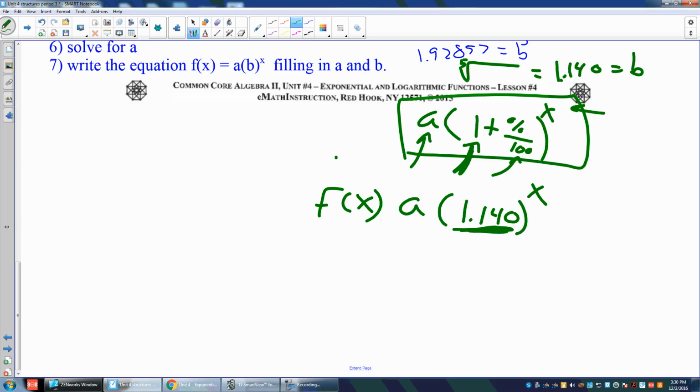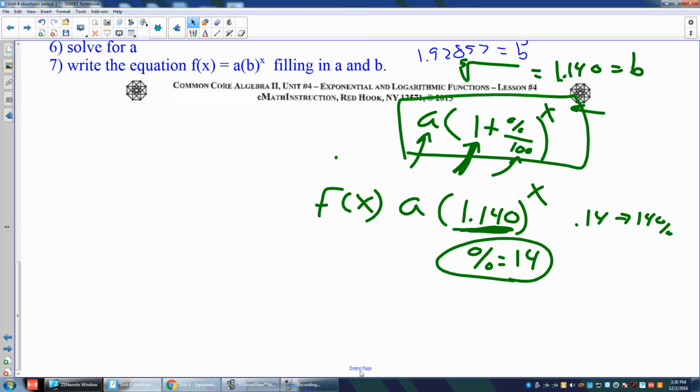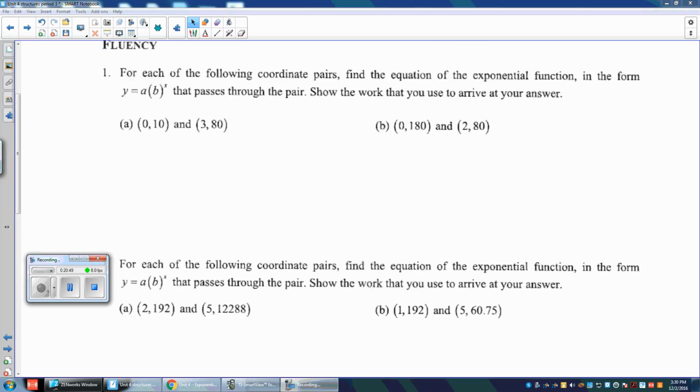So here, we're 1 too big, so all we've got to do is take 1 away. The percent is 14%, because 0.14 goes to 14%. Per means per 100. They're 14 hundredths, so there's 14%.